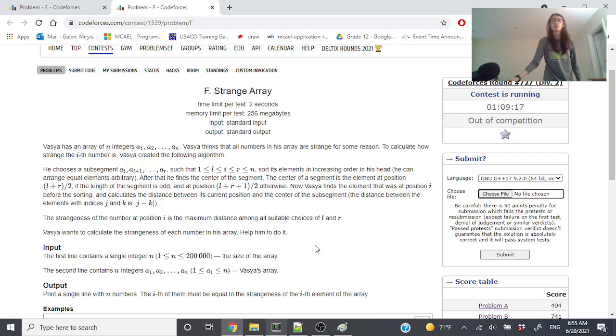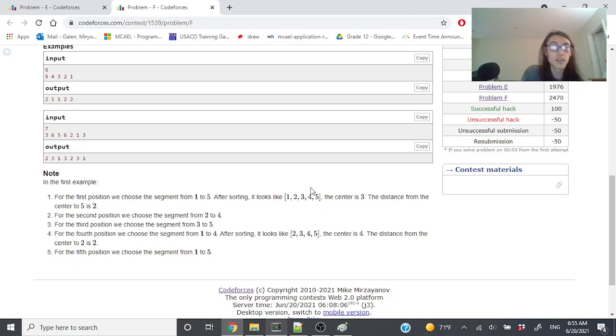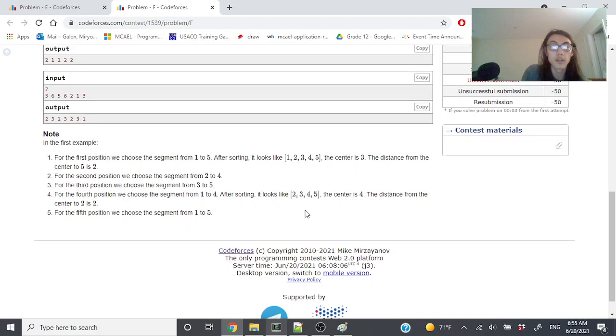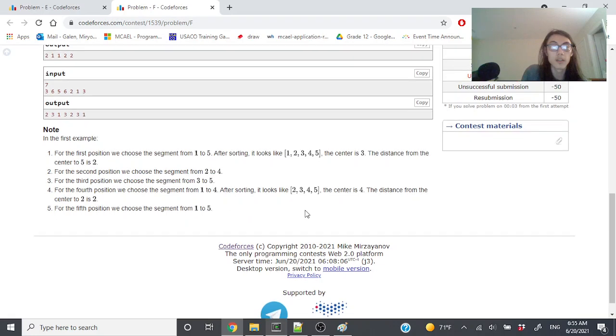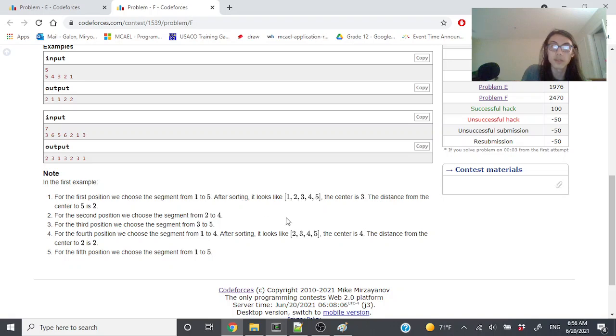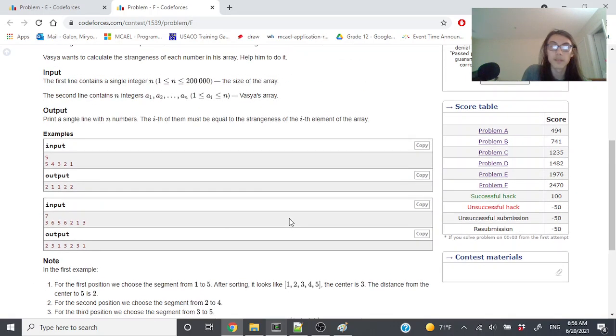Equal elements can be arbitrary. Wait, what? So in this case, this can be, so the 6's can decide to be on the right.